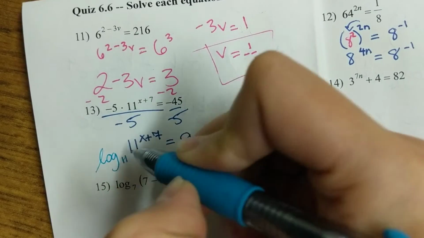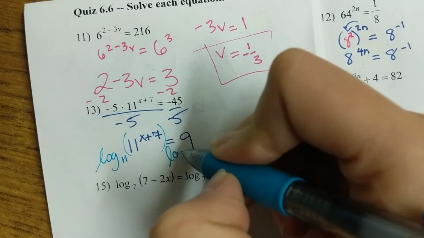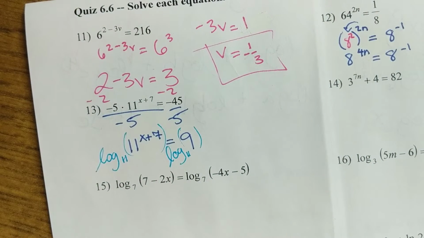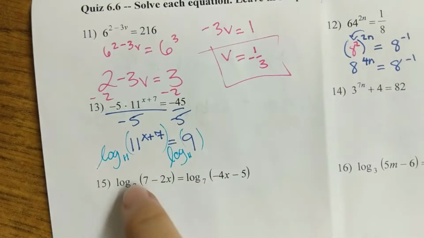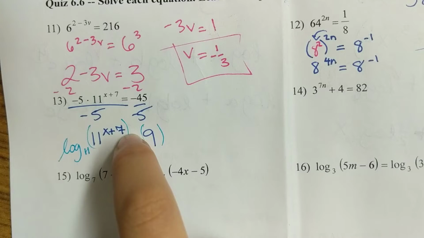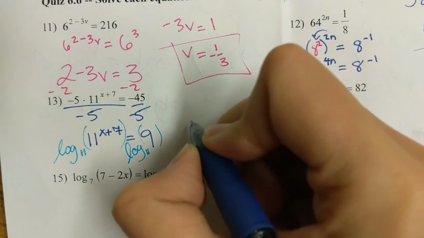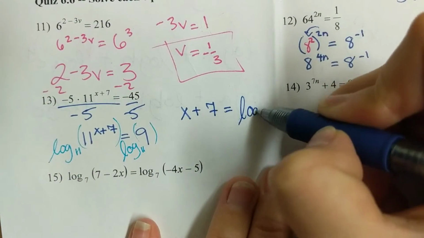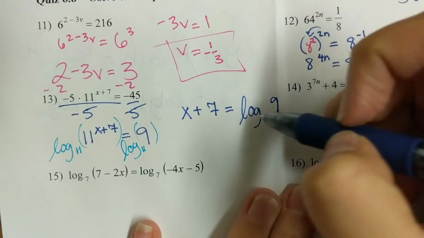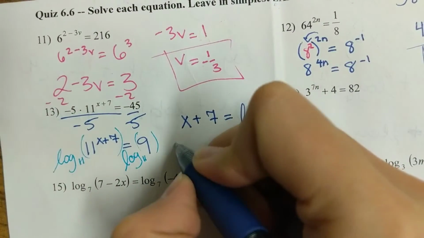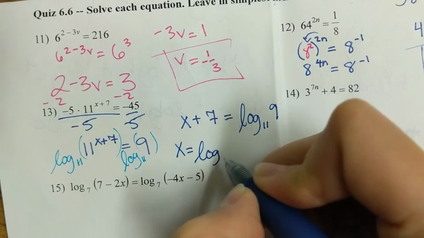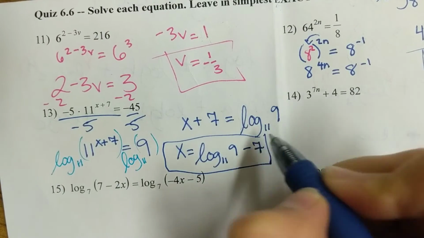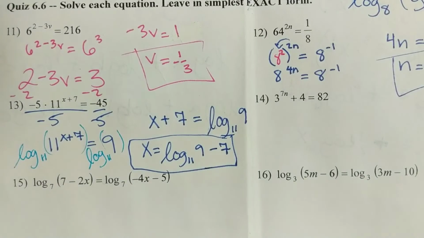Log base 11 of 11 to the power of x plus 7 is x plus 7. That is equal to log base 11 of 9, which you cannot simplify further than that. Subtract 7 on both sides, and x is equal to log base 11 of 9 minus 7. You cannot combine those any further.